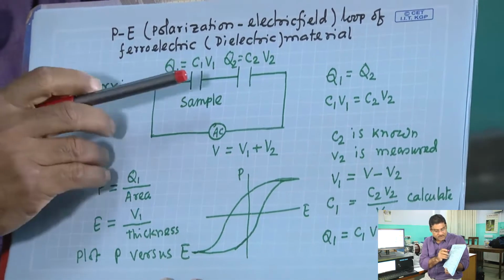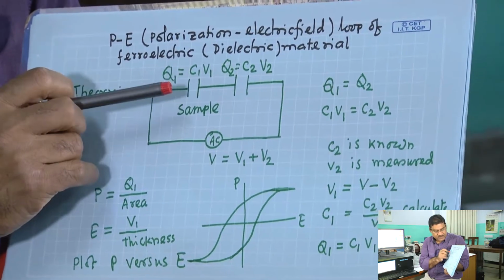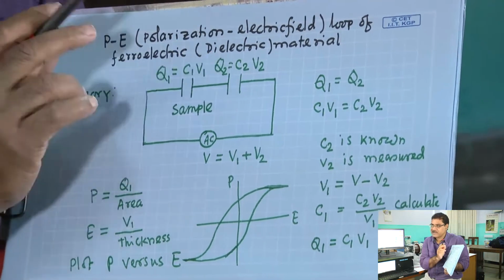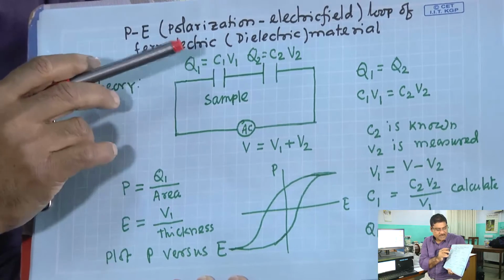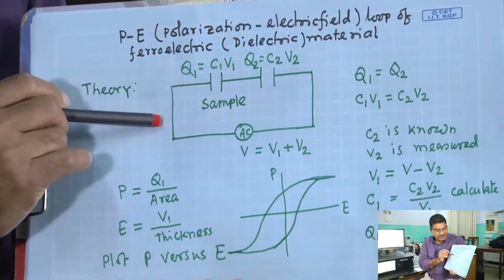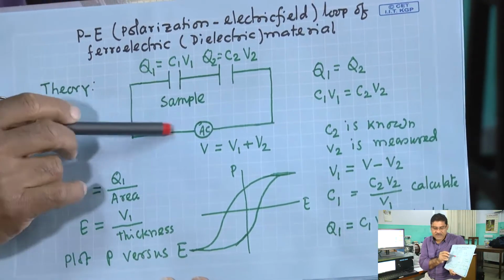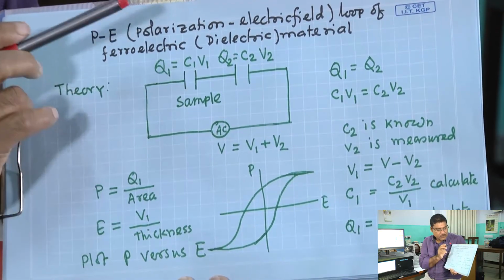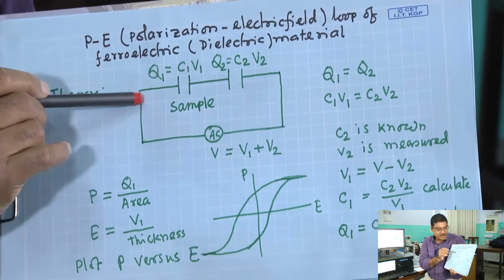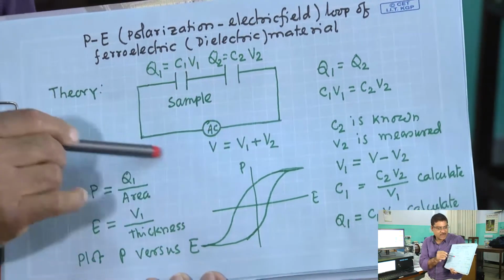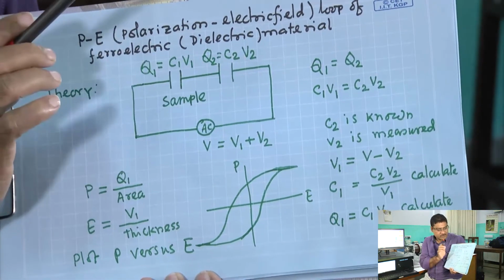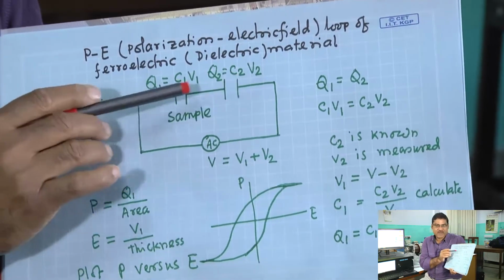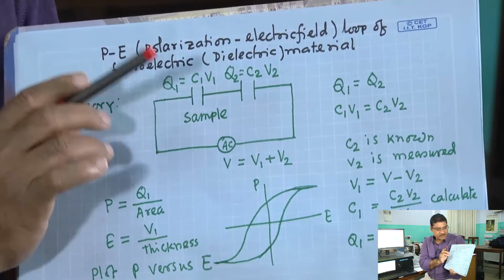You know that when resistances are in series and current is flowing, the same current passes through them, but the voltage drops differ depending on the resistance.